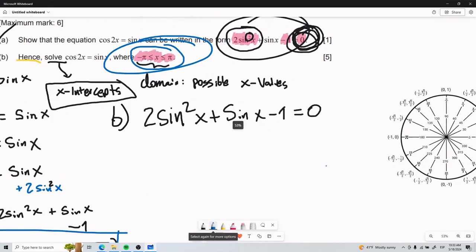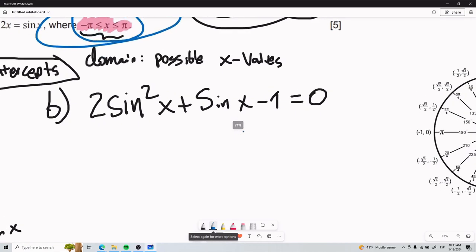Now, from here, this should ring a bell. This should look a little bit familiar, and if you paid a little bit of attention in class, you might realize that this has to do with a quadratic. The IB loves to put quadratics hidden everywhere, okay?